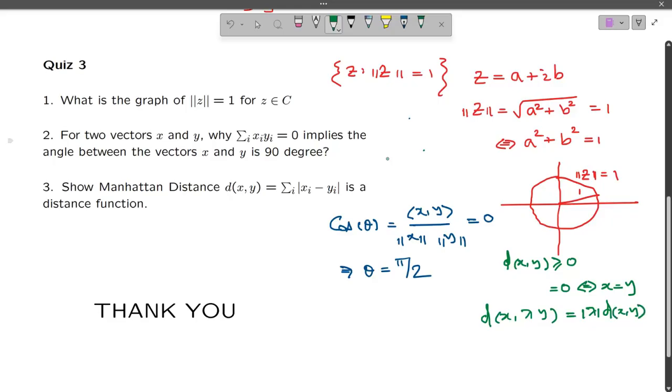Clearly, summation xi yi, if you look at d of lambda x, lambda y equal to modulus lambda d(x,y).